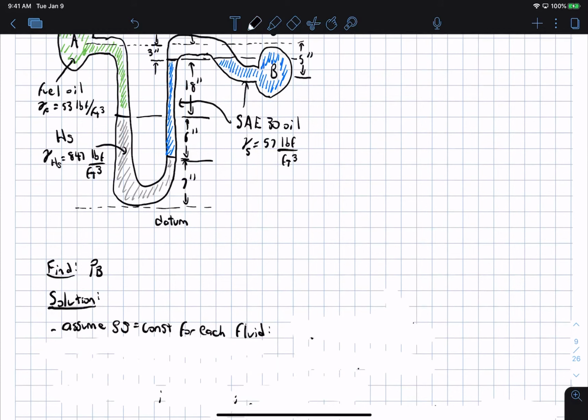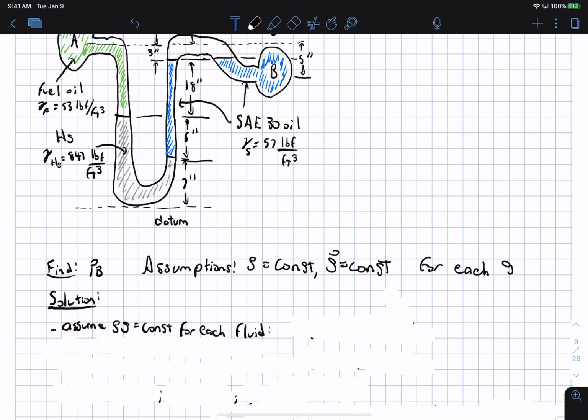Typically, I would have an assumption section, and you would say that rho equals constant, and g equals constant. We can only use the formula I'm going to use here because we're assuming that rho is constant and g is constant for each fluid.